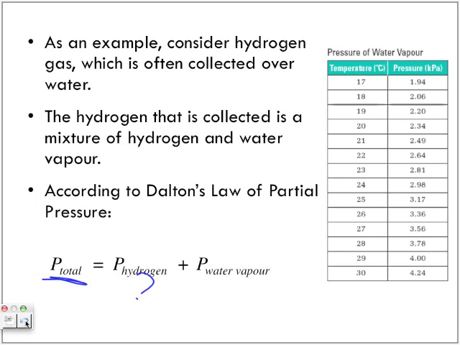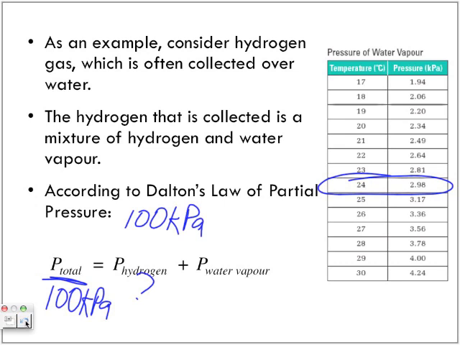Let's say the total pressure within our system is 100 kilopascals, at a temperature of 24 degrees Celsius, and we're trying to find the pressure of the hydrogen gas. The pressure of the water vapor at 24 degrees Celsius is 2.98 kilopascals.